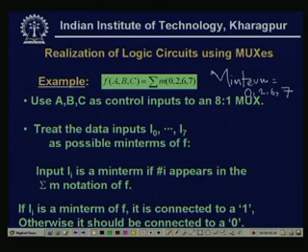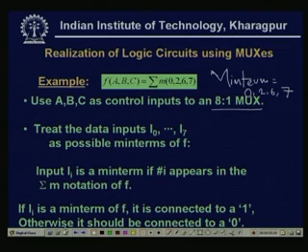Now, how can we map this to a multiplexer? See, if we define ABC as the 3 select lines or control inputs, then the multiplexer will be 2 to the power 3, that is, an 8 to 1 multiplexer, with 8 primary inputs.